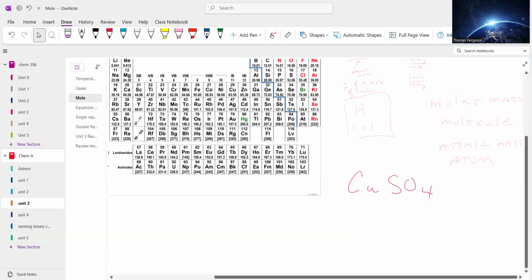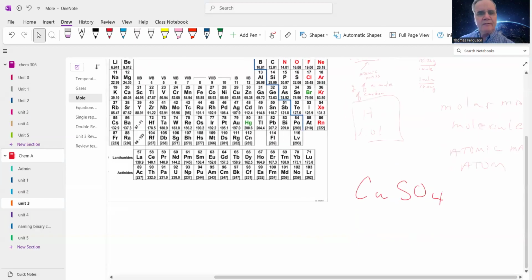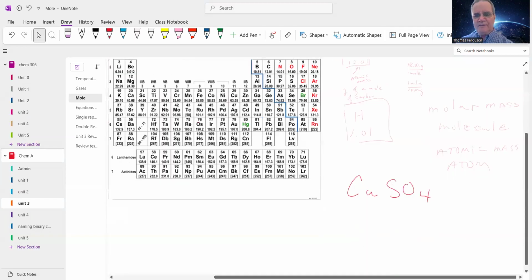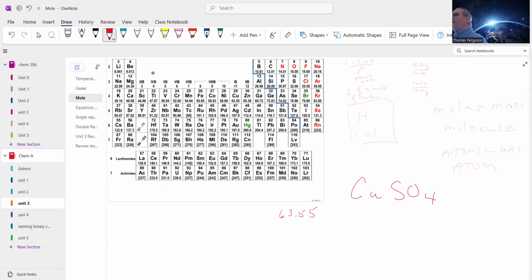And copper is 63.55. How many coppers are there? 1. Most people leave that 1 off.